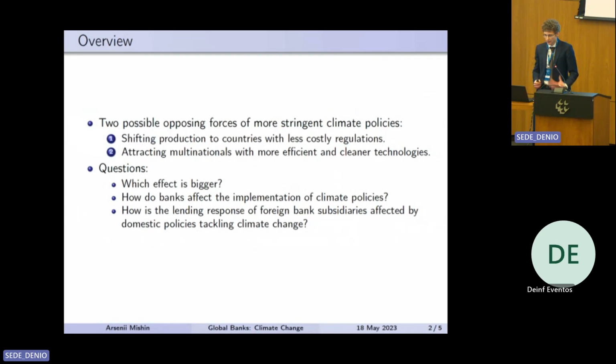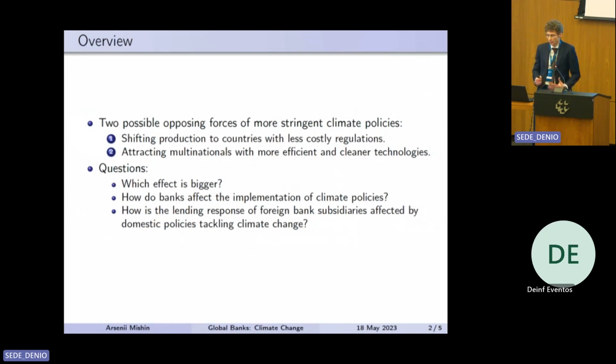The first one is connected to shifting production to destinations with less costly regulations. This is called the regulatory arbitrage channel. And the opposing force is that multinationals with more efficient and cleaner technologies may be attracted. A natural question arises: which effect is bigger?